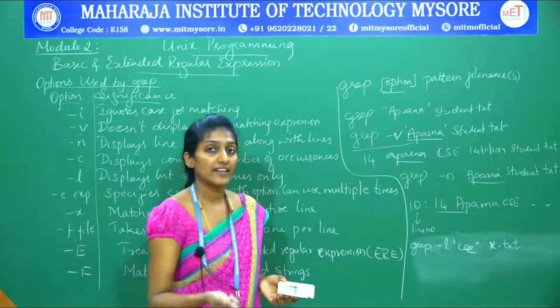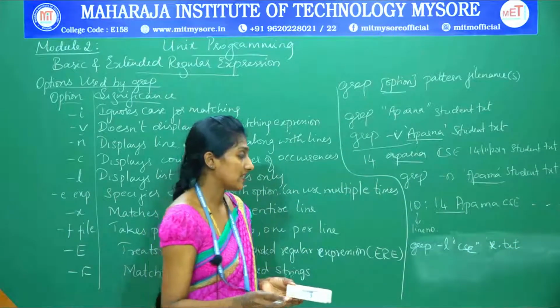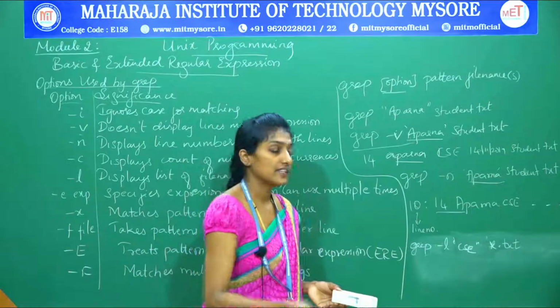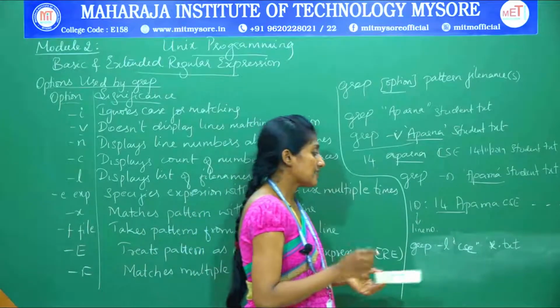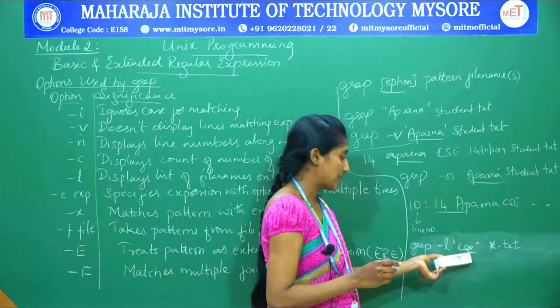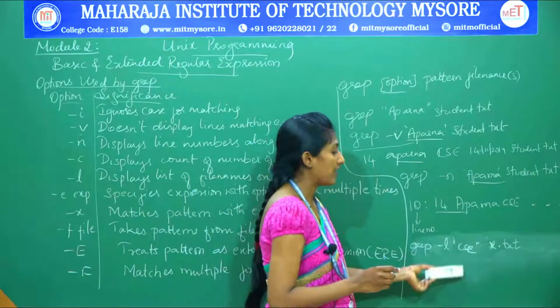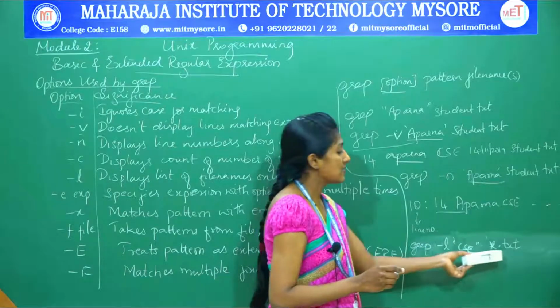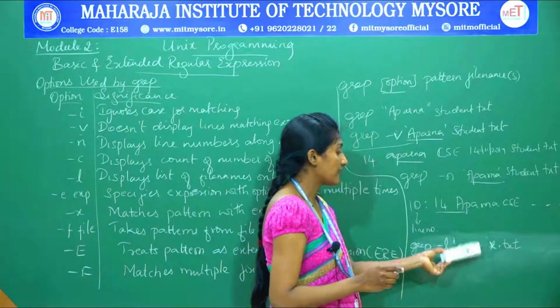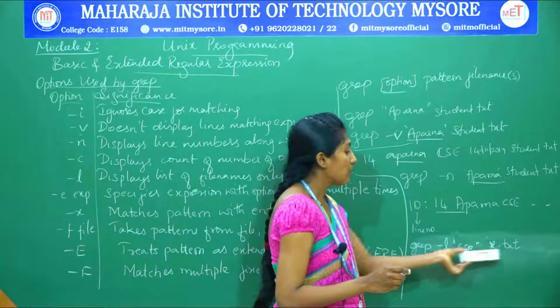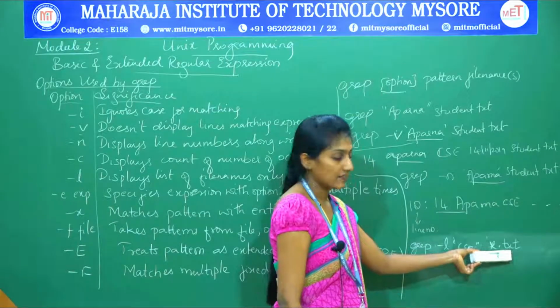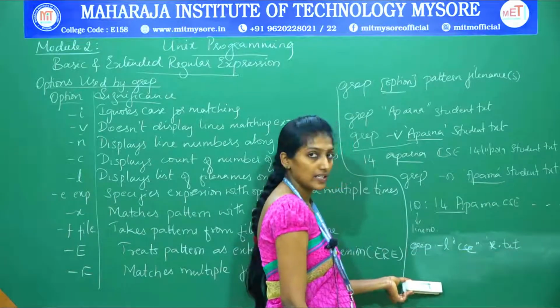The file names which end with .txt, from all those files the CSE pattern will be searched and scanned by the grep command, and it is going to list out the file names in which the CSE pattern is there, among the files ending with .txt.